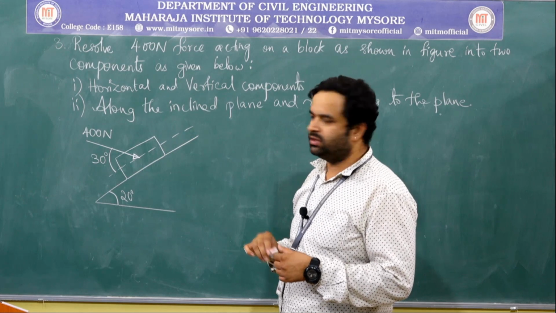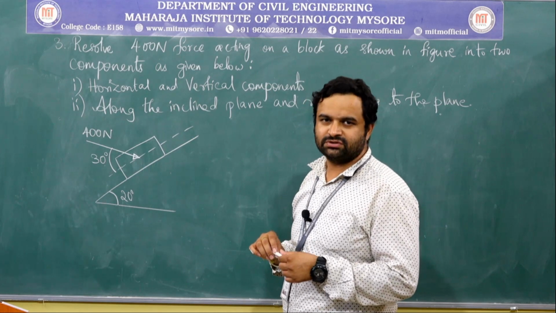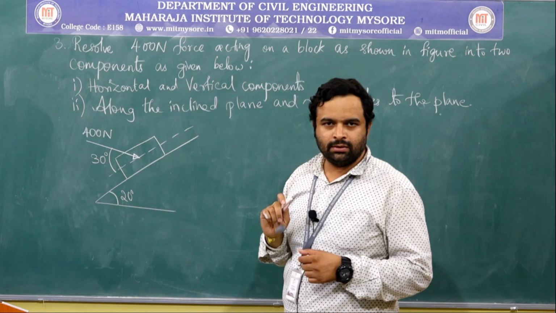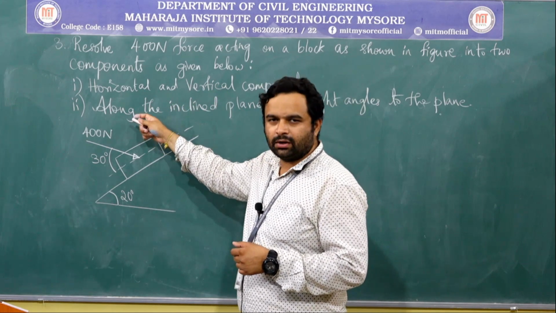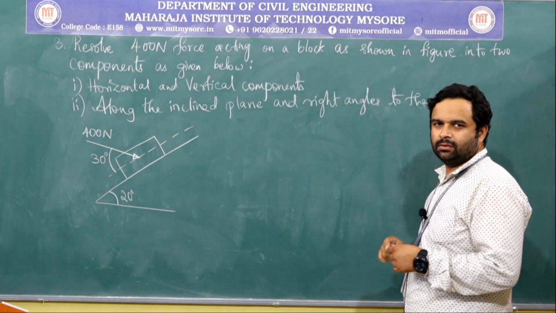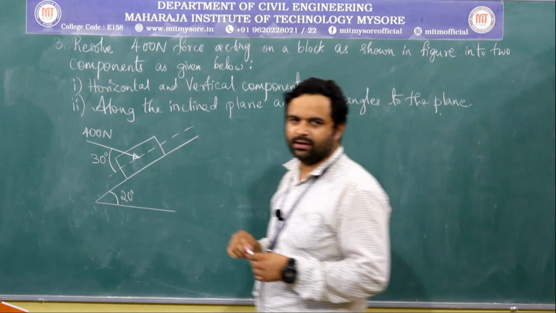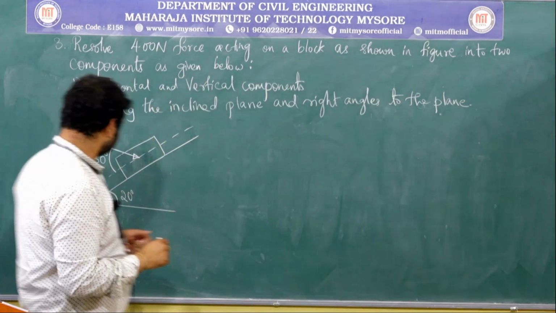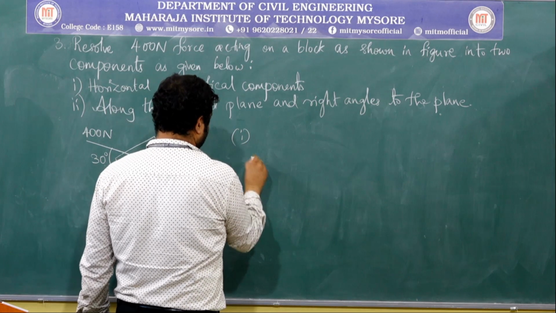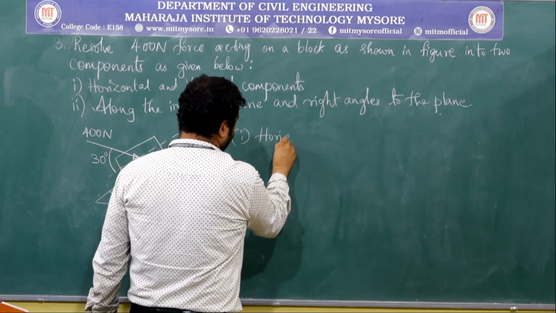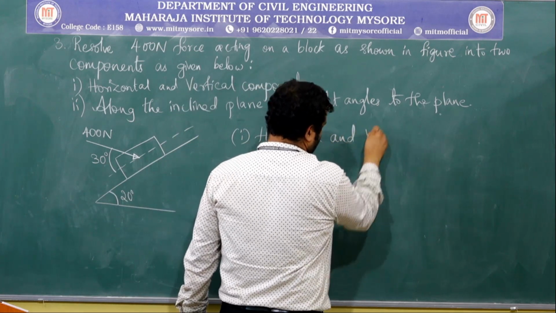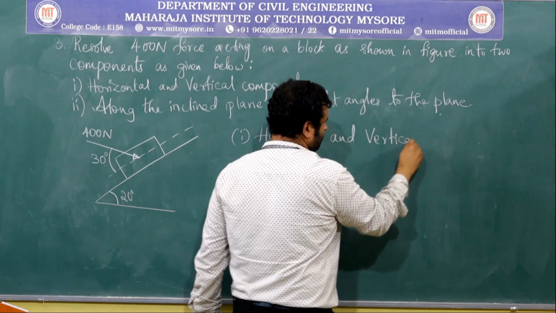Need to resolve this 400 Newton force and calculate its horizontal and vertical component, and also the component along the inclined plane and also right angle to the inclined plane. Okay, let us see how we can calculate this. So, the first one, horizontal and vertical components.